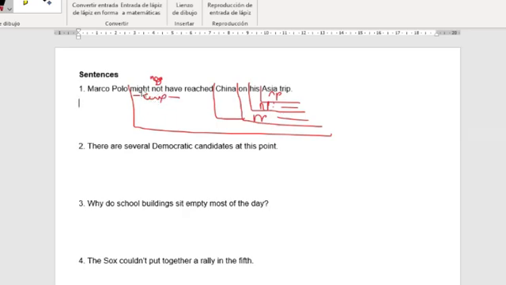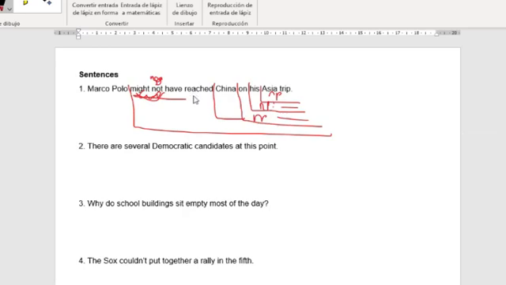Remember, they make one constituent. That's it. Make constituent with reached.